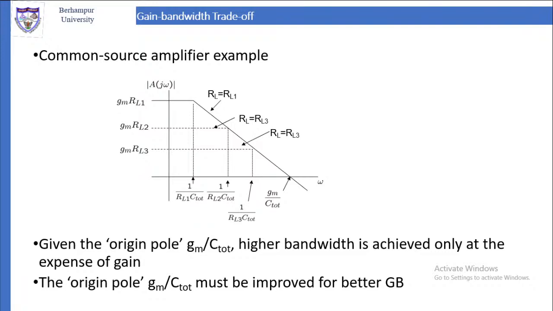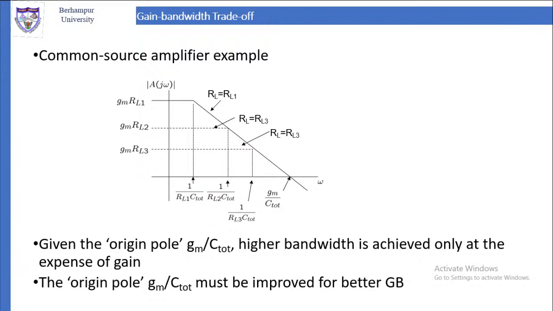Okay. So now if you look at this figure, you can make out what it means. Given the origin pole, GM by C total, higher bandwidth is achieved only at the expense of gain. To increase the bandwidth, you have to sacrifice gain. So if you want more bandwidth, you have to have less gain.